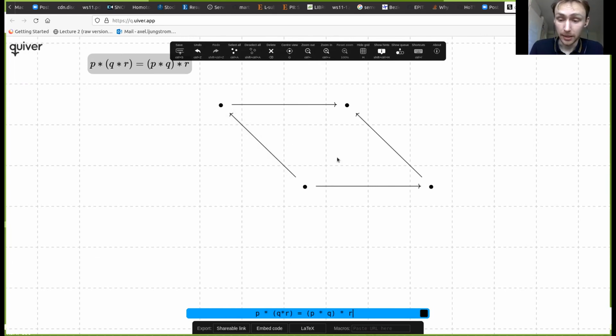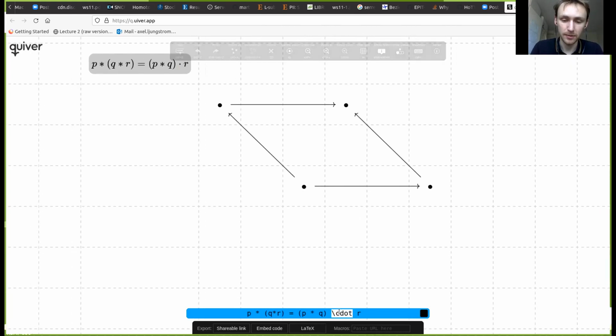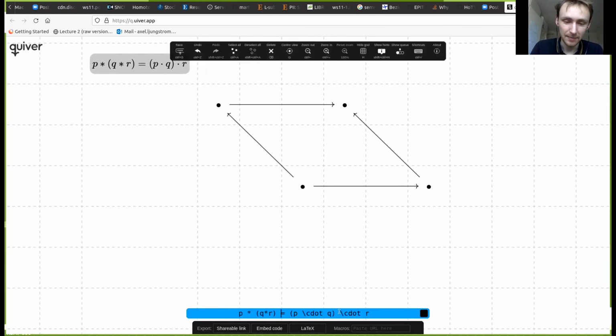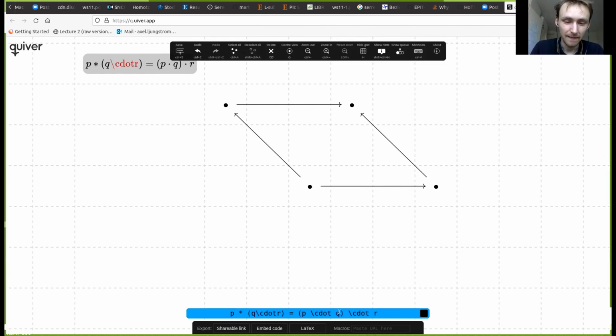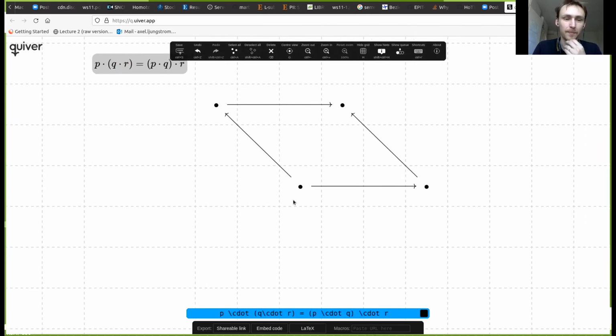So now you can't see my Emacs, but I usually use this fancy thing, which is very useful. So P was a path from X to Y, Q was a path from Y to Z, and R was a path from Z to W. Okay.